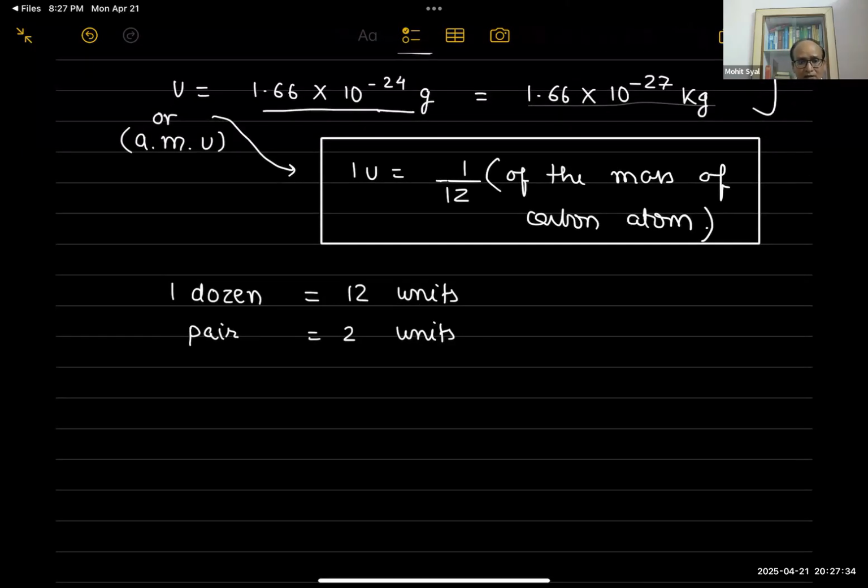Now, we already have counting units, but the problem is that we are going to count atoms, ions, molecules, and they are present in huge numbers.